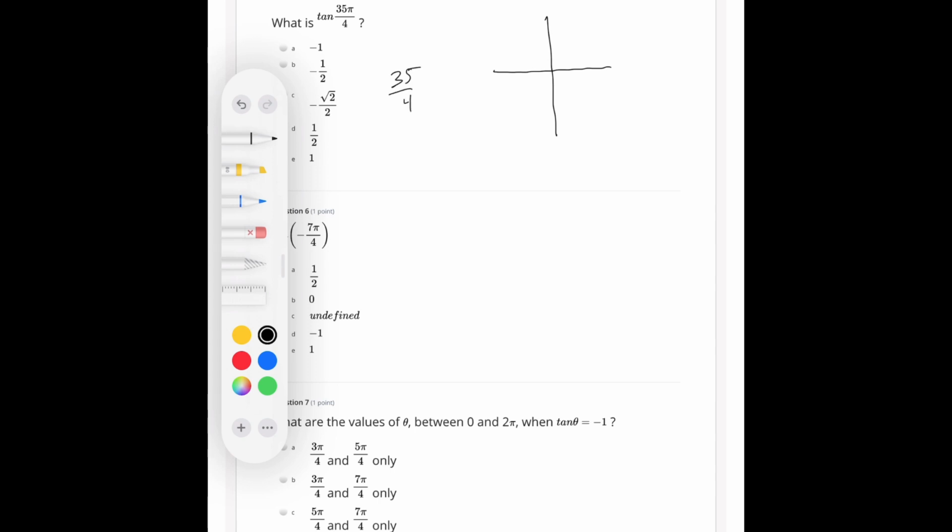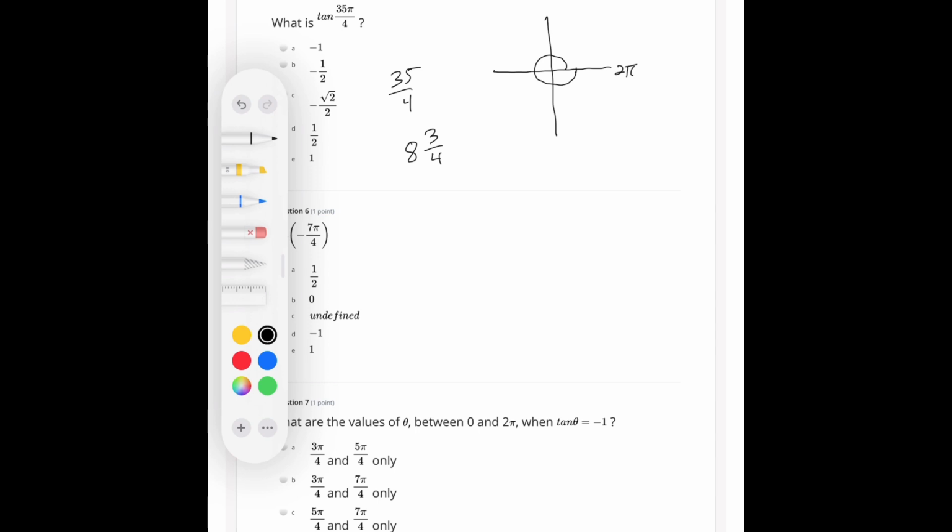As a mixed number, 4 goes into 35 8 times with 3 as a remainder, so 8 and 3/4. A complete turn around is 2 pi, so we need to go 8 pi and then 3/4 pi more.